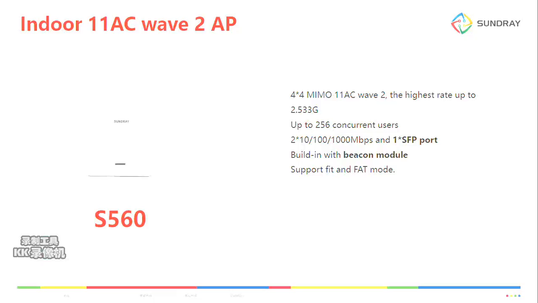Also we have 2 Ethernet ports and one optical port for fiber connections. And we have a built-in beacon module in the access point, so we can use the beacon solution to push messages or for positioning.